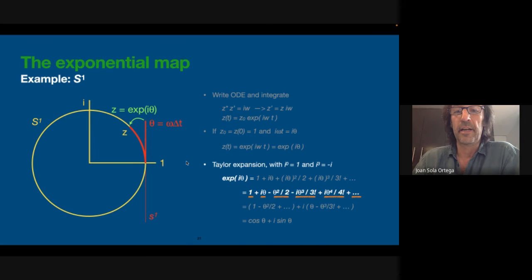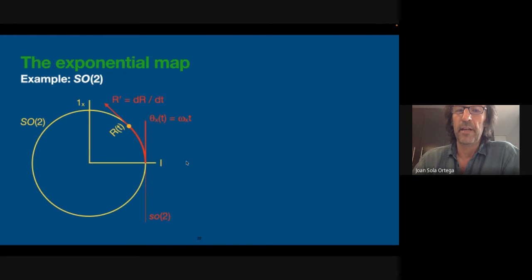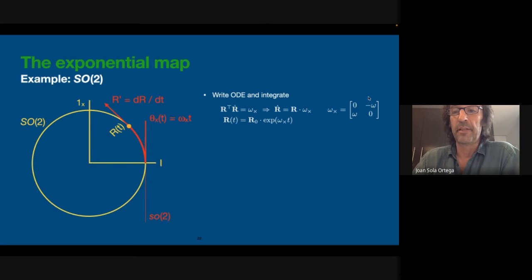And just as a proof that this can be done in other groups, let's do it for the rotation matrices, okay? Exactly the same thing. We take R transpose R dot equal omega cross, which is a skew-symmetric matrix. This is the form of a skew-symmetric matrix in 2D. We have this differential equation. We integrate, we get this.